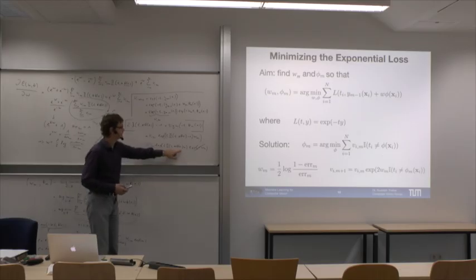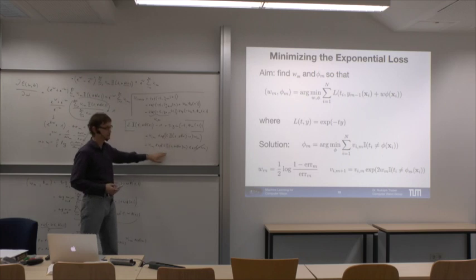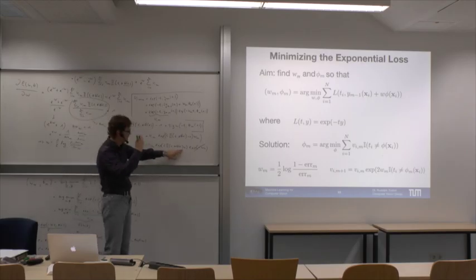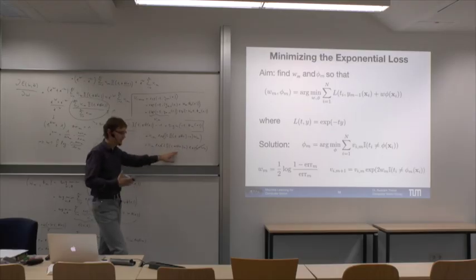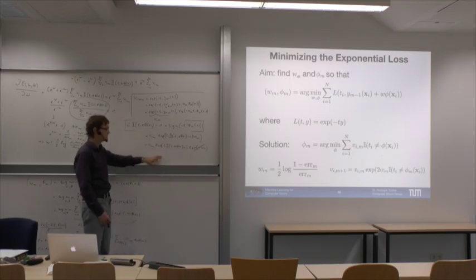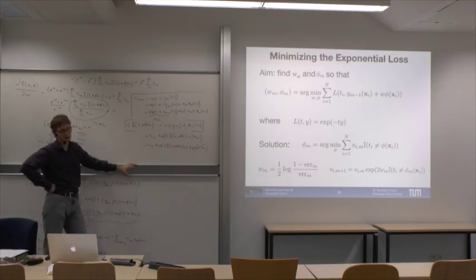So if phi misclassifies something, then this thing is non-zero, and then I actually do some update here. Otherwise, if phi does give me the right prediction, then this is 0, and e to the 0 is 1, which means I don't do anything with that weight.